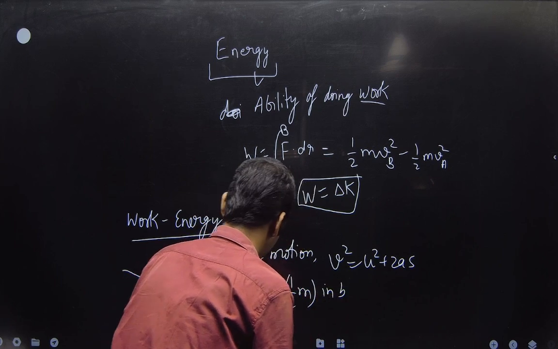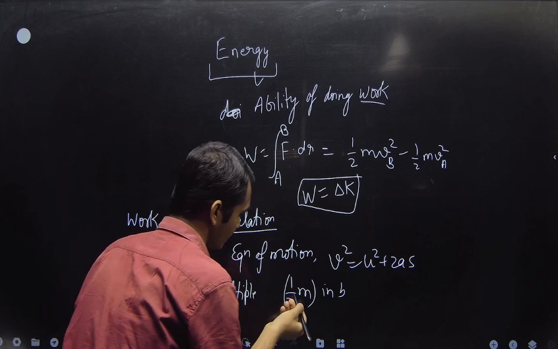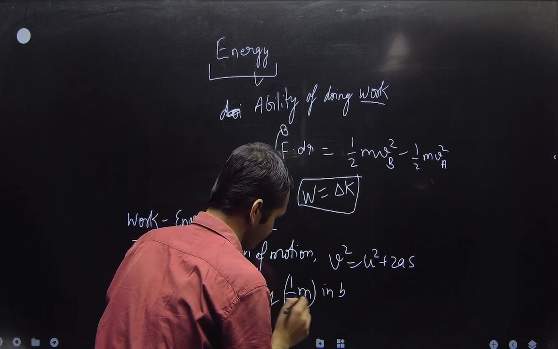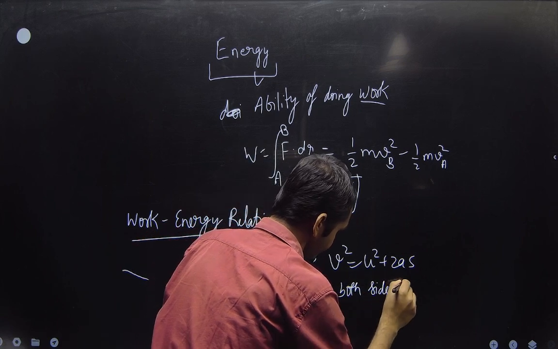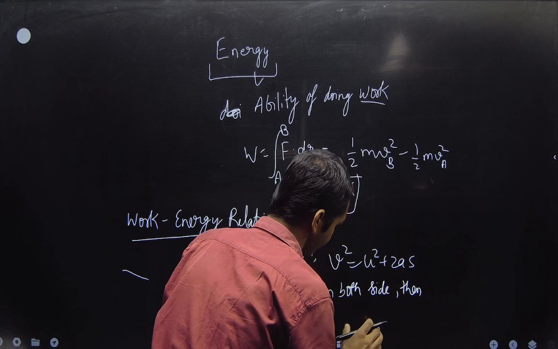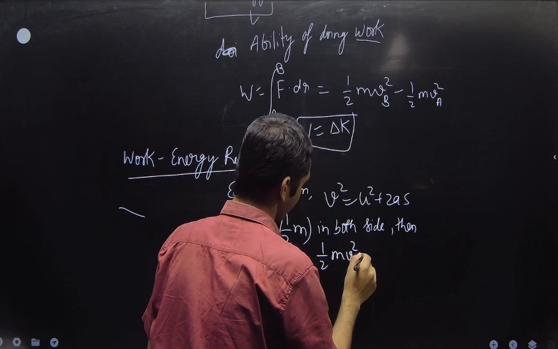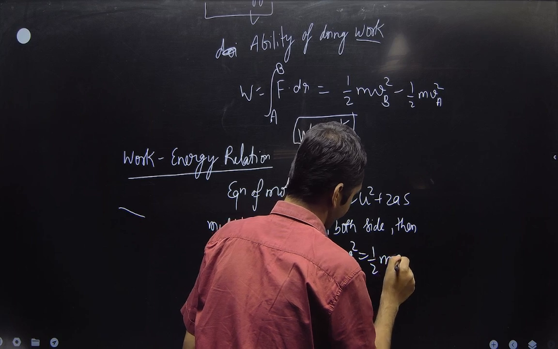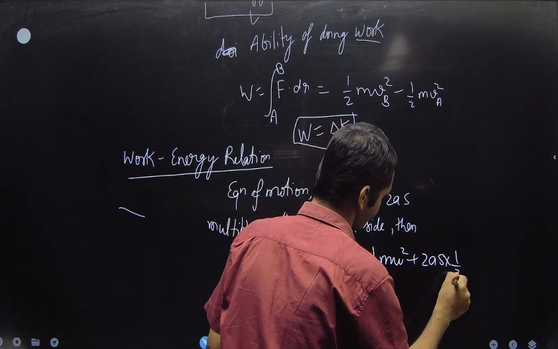Multiply by 1/2 m on both sides. Then 1/2 mv square is equal to 1/2 mu square plus 2as into 1/2 m.